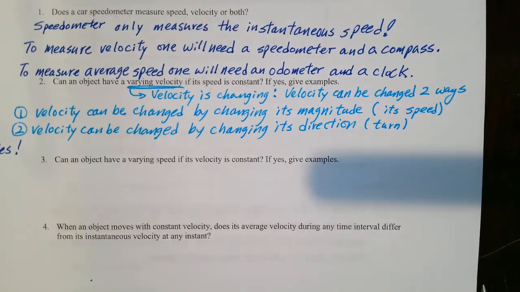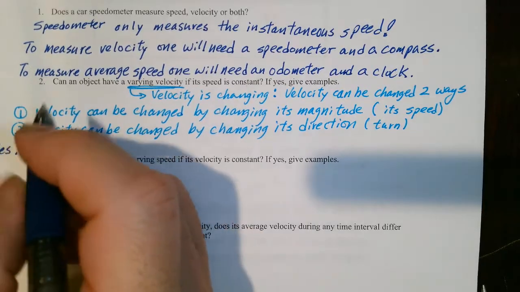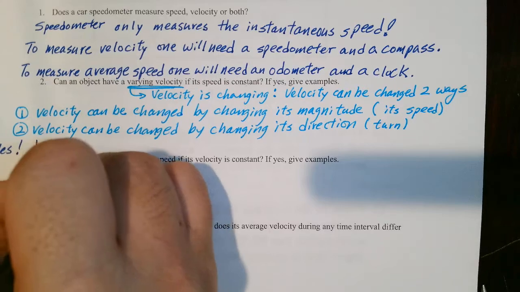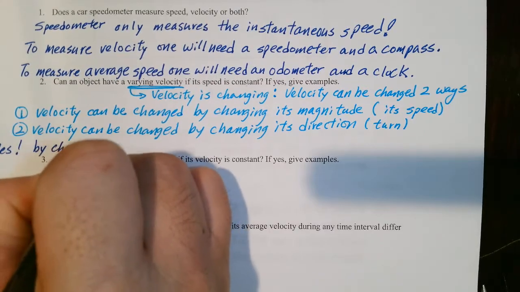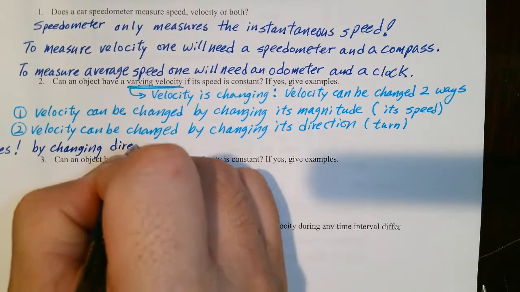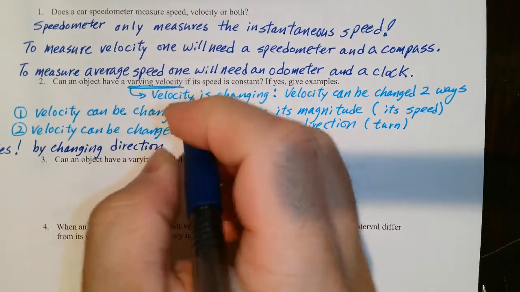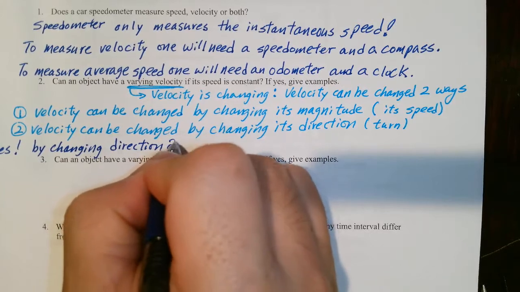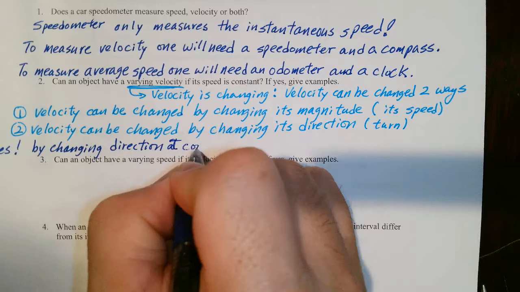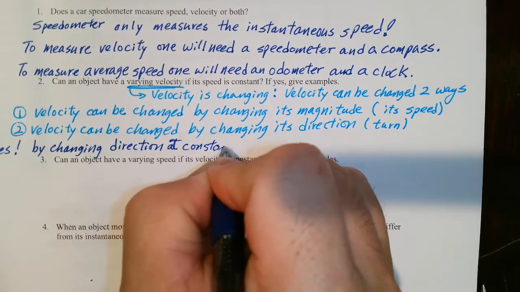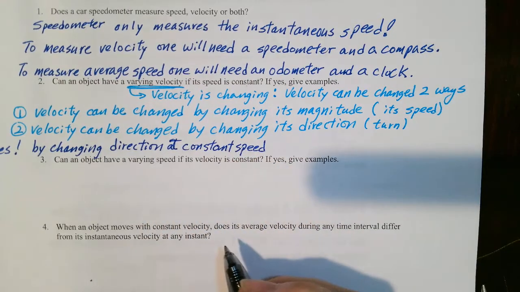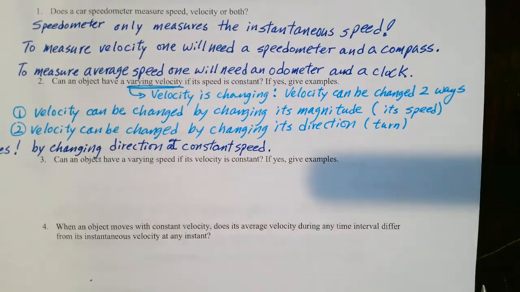Velocity can be changed while going at constant speed by changing direction. You can change velocity going at constant speed.